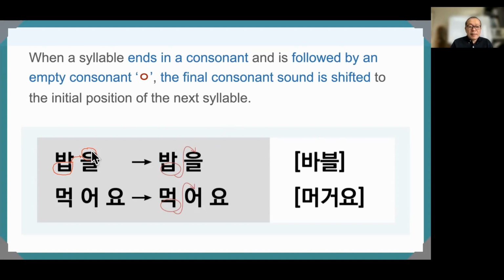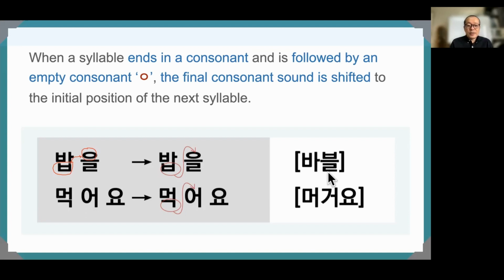Because this is an empty consonant with no sound, the final consonant sound is shifted here. So we don't read this one as 밥을, but we read it like this: 밥을. Can you understand? Okay, 밥을.